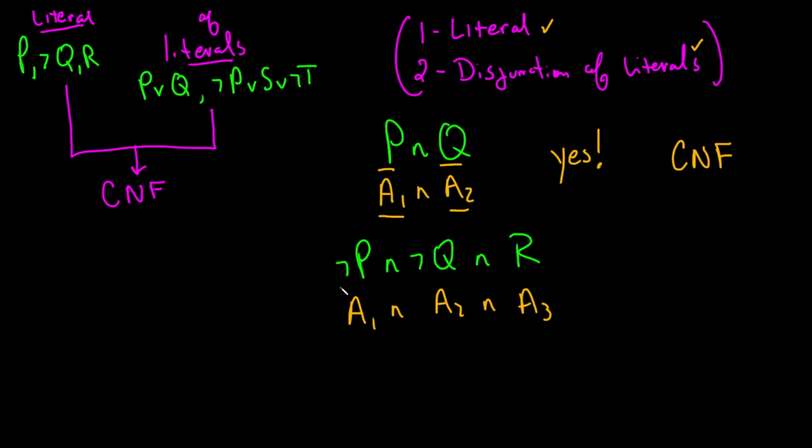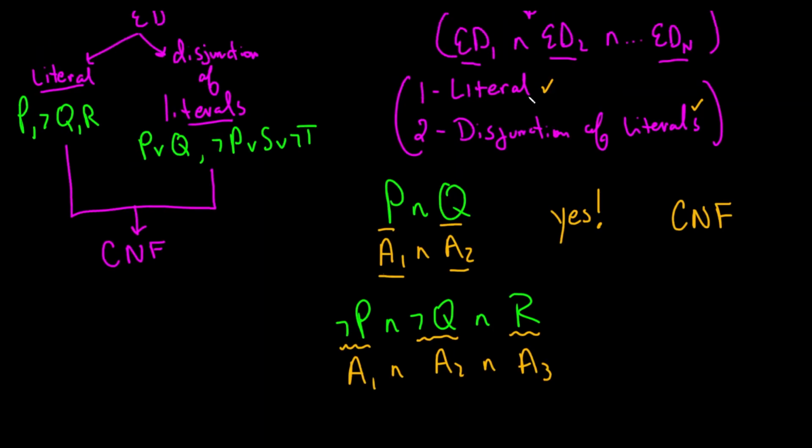So our question becomes, is each one of the conjuncts in this formula an elementary disjunction? That is, is it a literal or a disjunction of literals? If we look, not P is a literal, not Q is a literal, R is a literal. And so each one of these conjuncts is an elementary disjunction, and so this formula would be in conjunctive normal form.